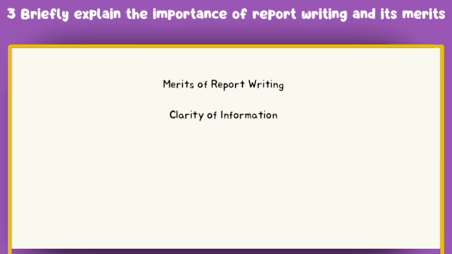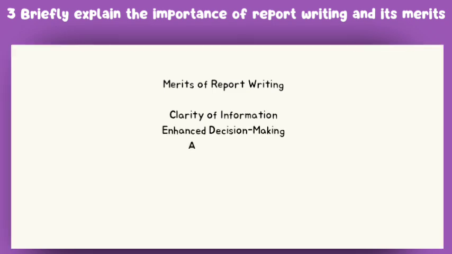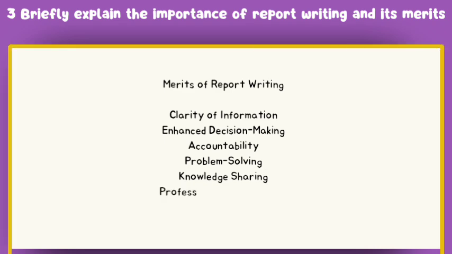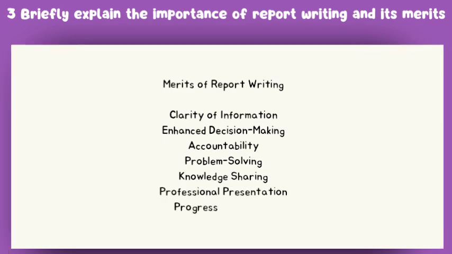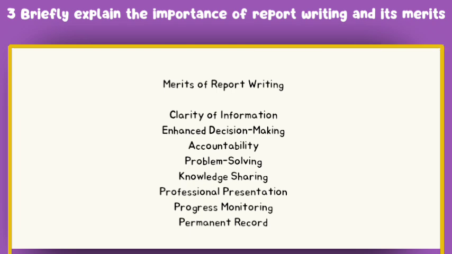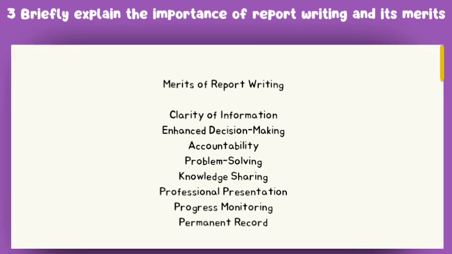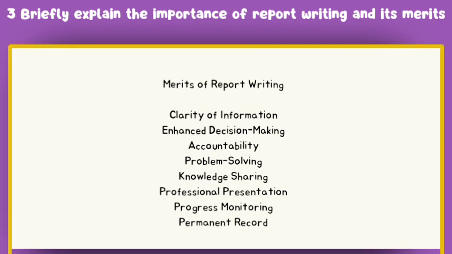The first one is clarity of information. That means report writing organizes data and ideas systematically for easy understanding. The next is enhanced decision making. Report writing provides well-researched information to make informed decisions. The third one is accountability. That means it documents actions, findings, and recommendations for transparency.